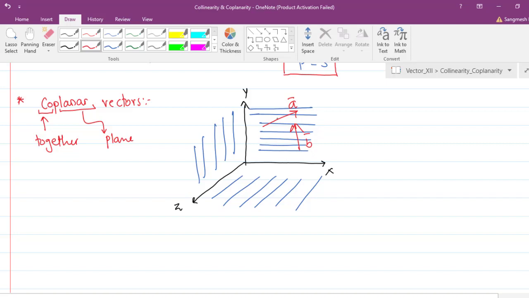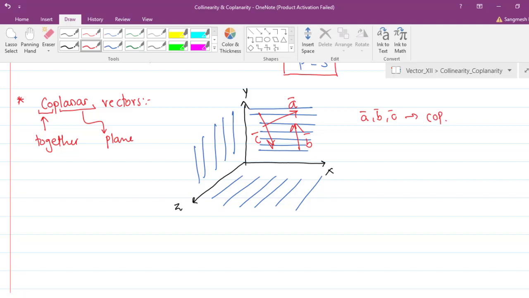If I add a third vector in this direction, c bar, then what happens? Are these three vectors coplanar? Yes, no doubt, because all three are lying on the same plane. That's why a bar, b bar and c bar are coplanar vectors.